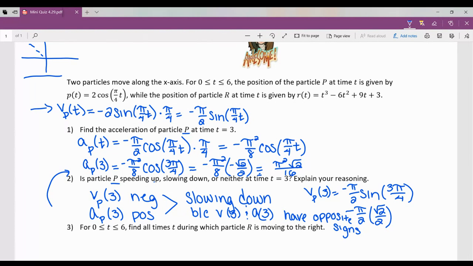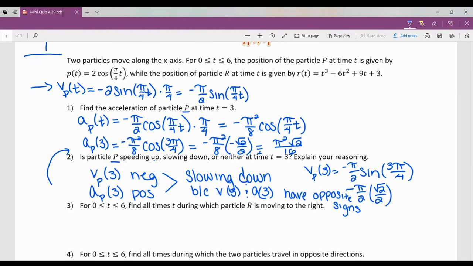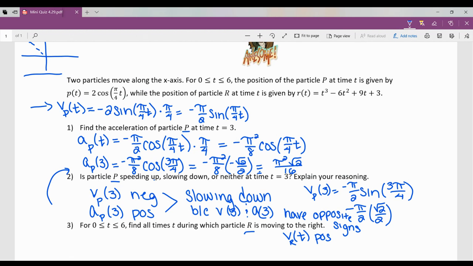All right, for number 3, we've got particle r now. So we are talking about moving to the right. Moving to the right is when my velocity is positive. So we're looking at the velocity of particle r is positive. So I'm going to take the velocity by finding the derivative of my position.